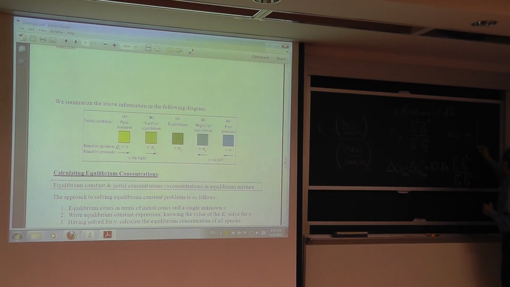Okay, plot x versus natural log of x. What does this graph look like? What is this point here? 1. 1, 0.